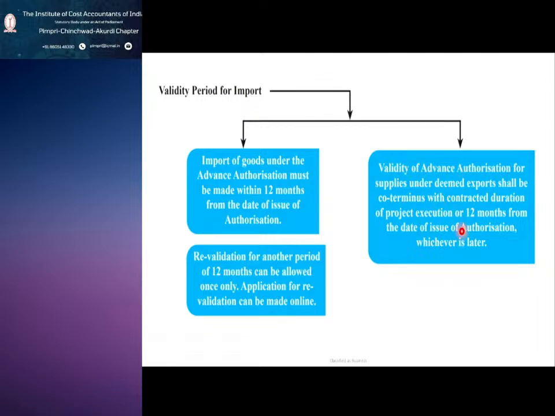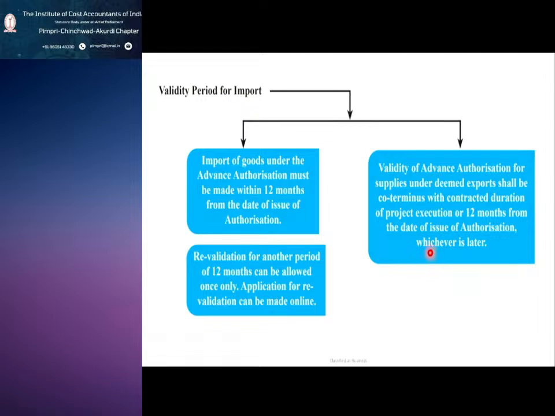So this validity period is for what? For supplies under deemed export. So if we are doing any supply under deemed export, coterminous means within that limit or the area we can say. So it should be the duration of your project execution or 12 months from the date of issue of authorization, whichever is later.